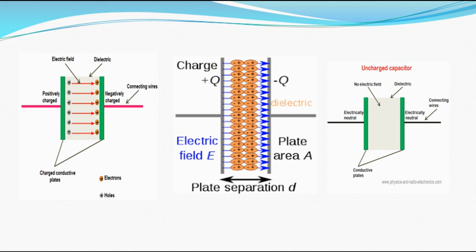So in that case, I repeat, the distance between this positive and negative is the plate separation. It is called the distance. Now, these two are when it is under current, when it is under an electric field.